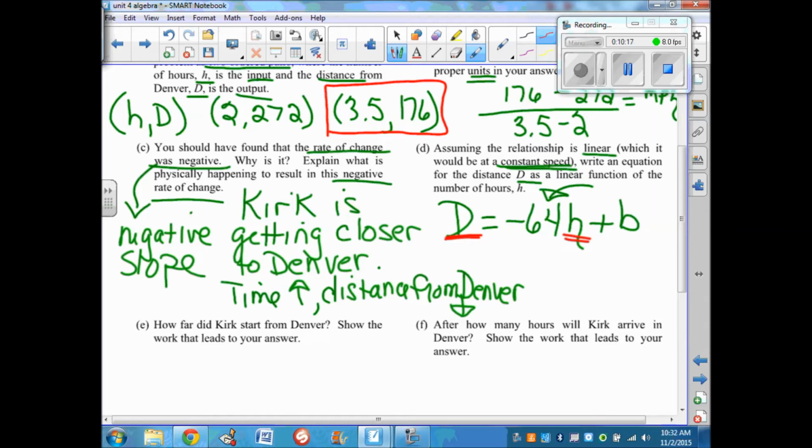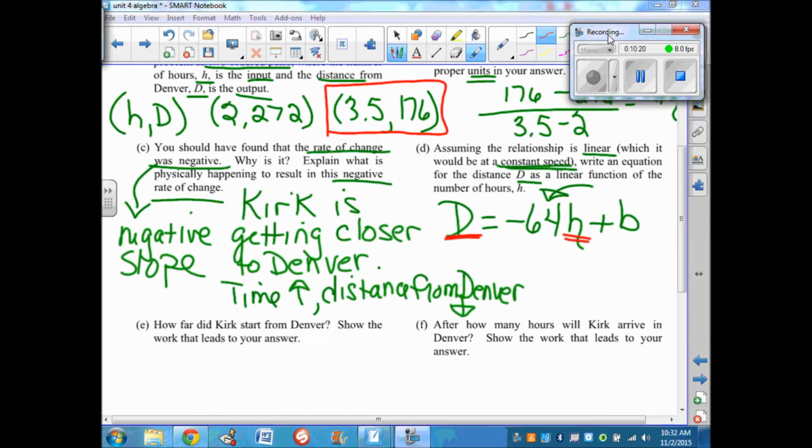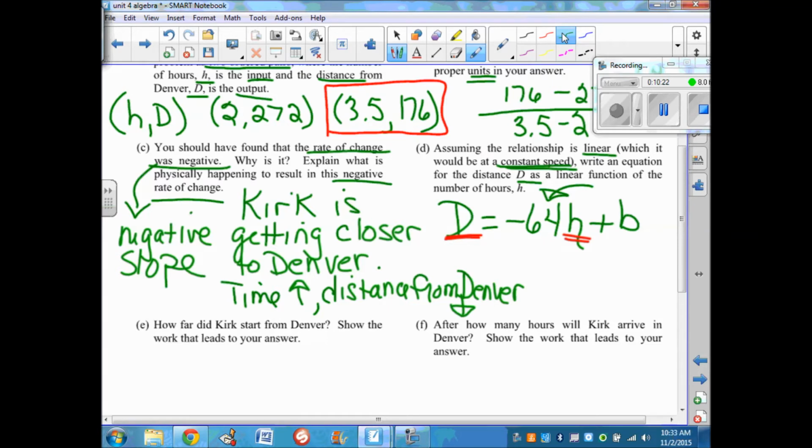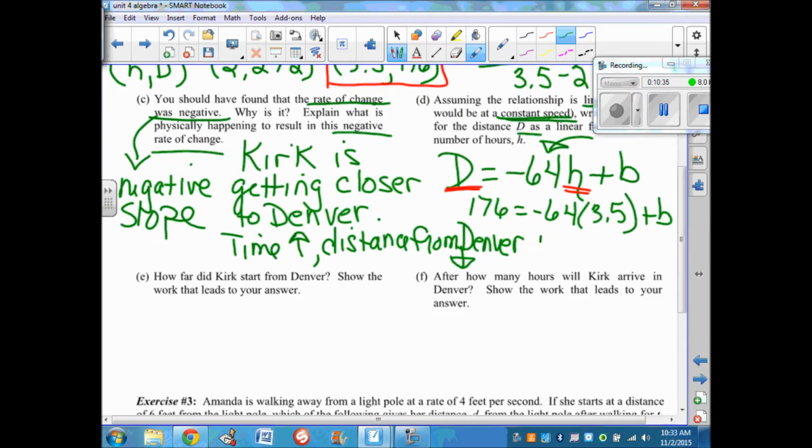So 176 equals negative 64 times 3.5, which is going to give me his distance from Denver. So doing that calculation, I've got 176 equals negative 224 plus B, sorry about that, 224.